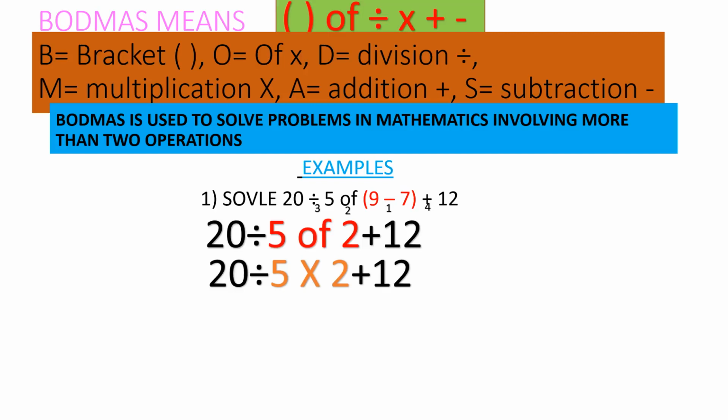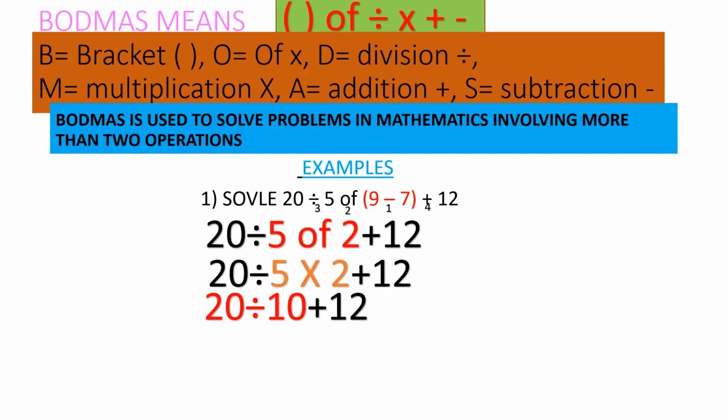So therefore let us solve now this step number 2. So we have 20 divided by 10 plus 12. Now 10 comes from 5 times 2, which is our second operation, which was "of", as we can see from the second step. 5 times 2 is equal to 10.